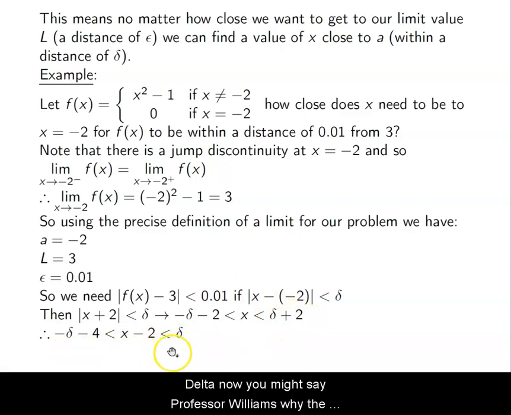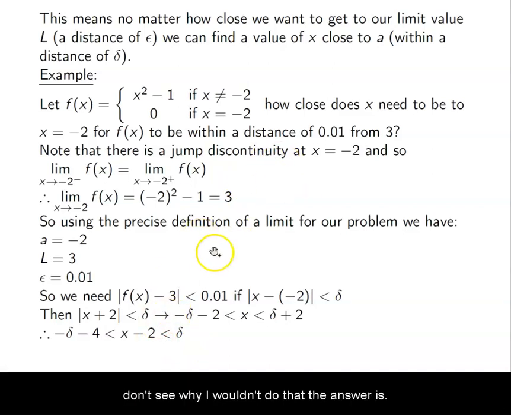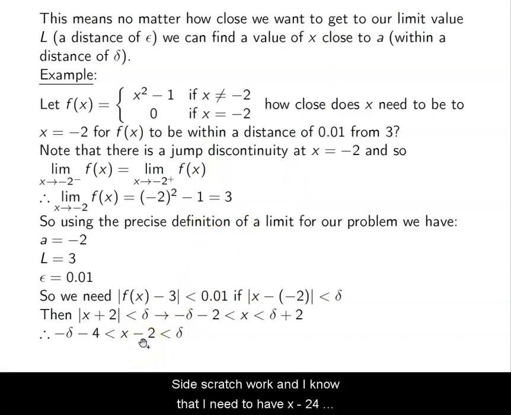Now you might say, Professor Williams, why the hell did you subtract 2? What does that do for us? I don't see why I would need to do that. The answer is because I did some scratch work on the side, and I know that I need to have x minus 2 for what's coming up next. So I need to have a relationship using x minus 2.